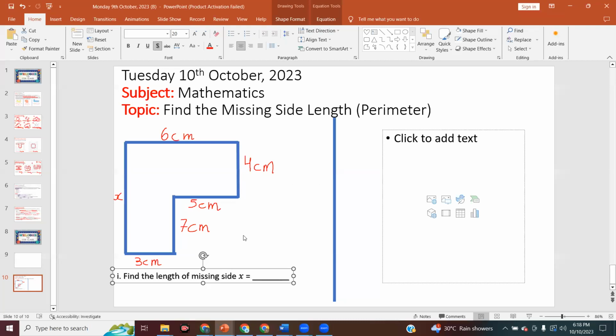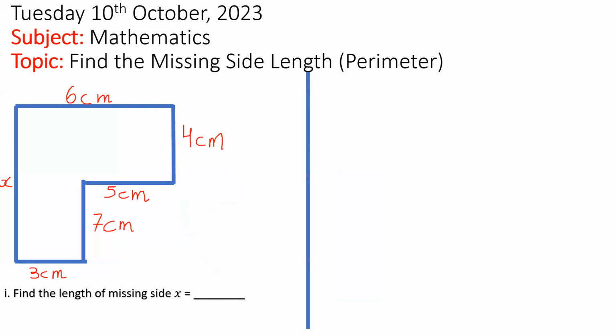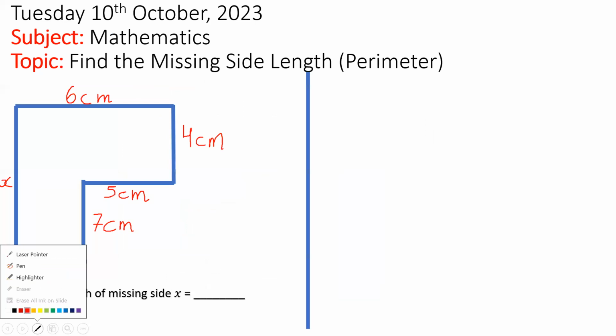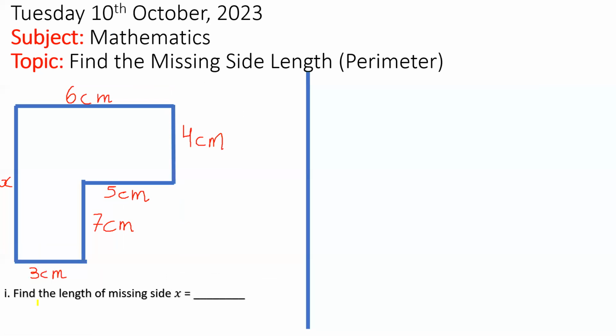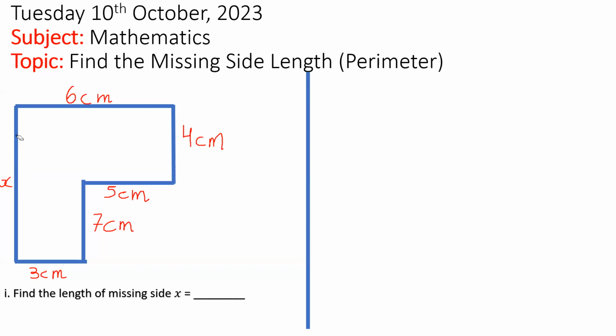So we have different answers, but it's very easy. Let me show you how we do it. So the idea is the following. Pay very close attention. I'll be highlighting these things. So remember, we're trying to find the length of which side? This side, right? Side X. Let me use a different color, maybe a yellow, so you can see.